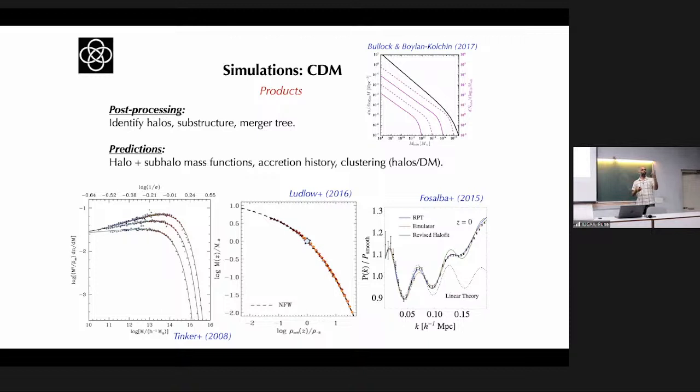It only depends on two quantities. It depends on the total mass of the halo. And for more massive halos, of course, the density will be larger. For less massive halos, the central density will be smaller, and so on.